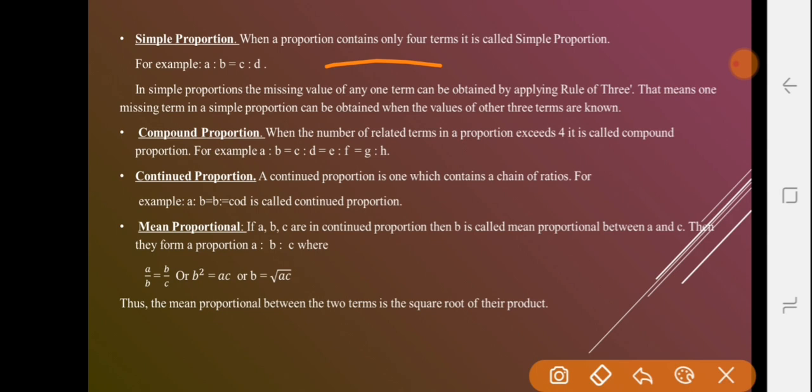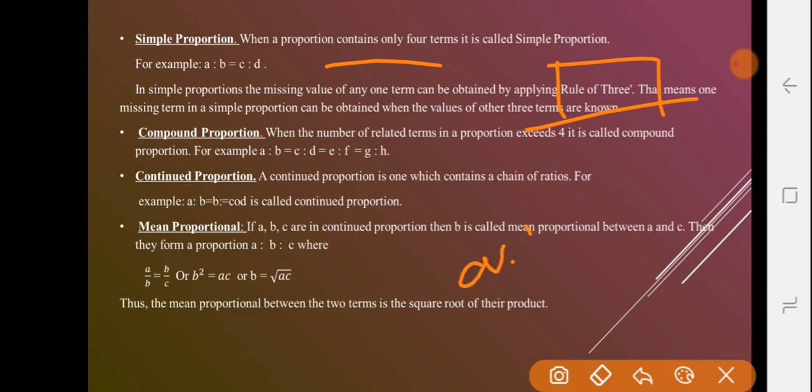In simple proportion, the missing value of any term can be obtained by applying the rule of 3. Rule of 3 means we know the values of 3 terms except one, so with the help of those we can find the value of the missing term. I'll take an example for simple proportion.